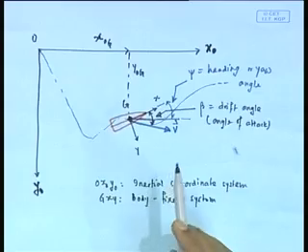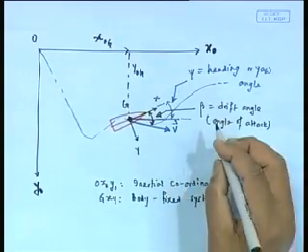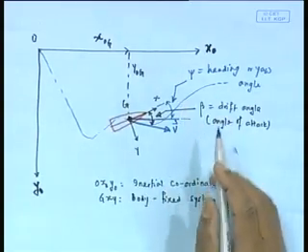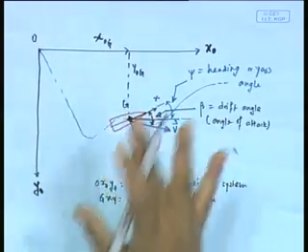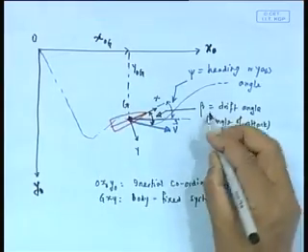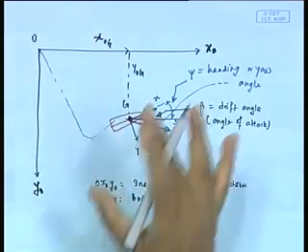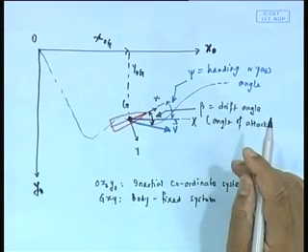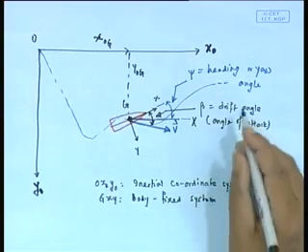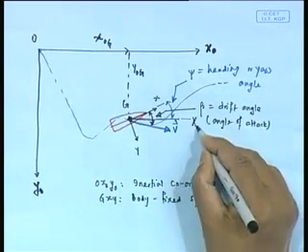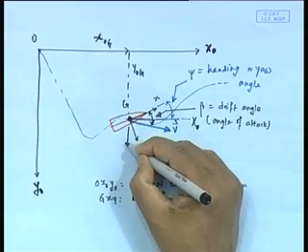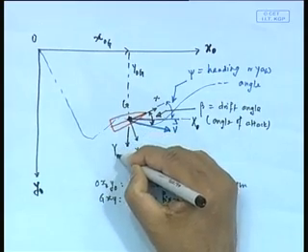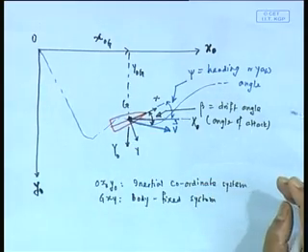Let us see what force we have written. Along the line parallel to the inertial axis, let us say the force coming on the hull is X0 and Y0. Once again, let us understand that.